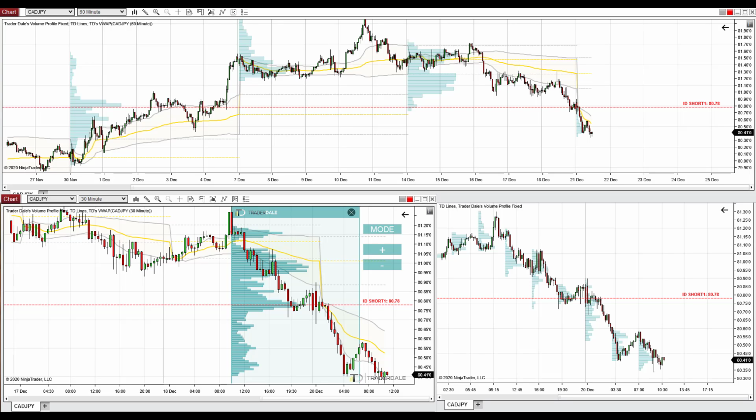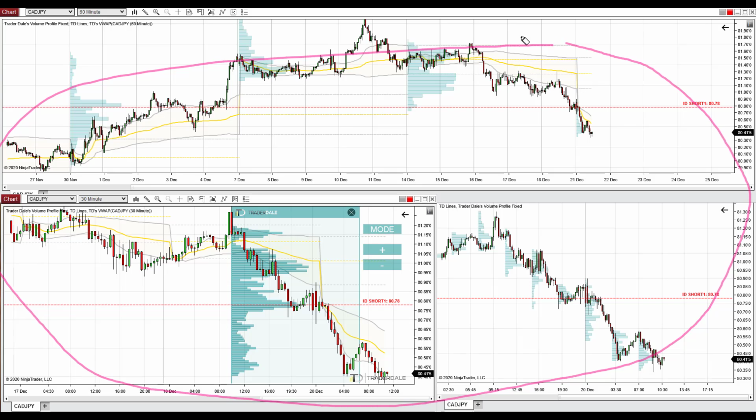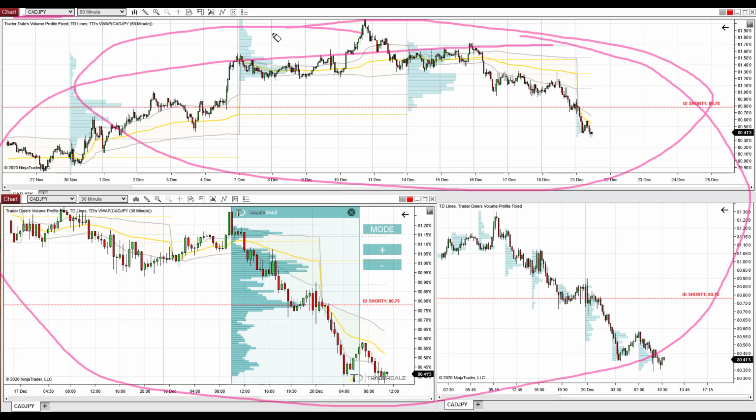Let's now go into the trading ideas. Before you, you can see my intraday trading workspace, which consists of 3 charts which show the same trading instrument. In this case, it is the Canadian dollar Japanese yen. This chart is a 60-minute chart. It's sort of an overview chart with weekly volume profiles.